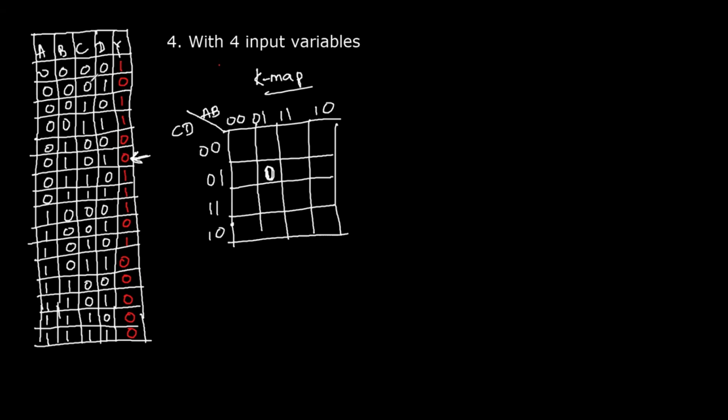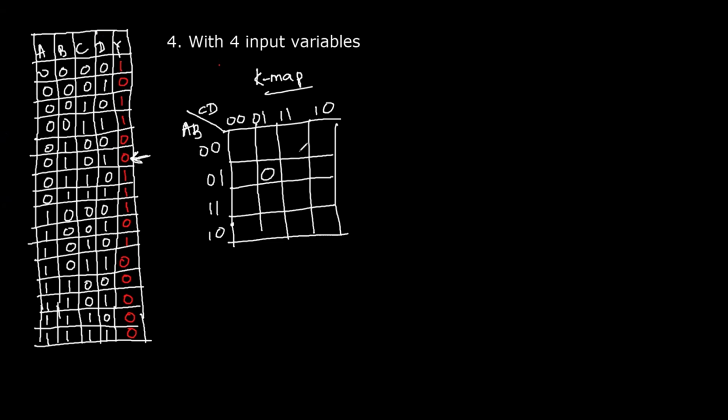But now let's change this where we have AB over here and CD over here now. So AB is 0, 1, that's this, and CD is 0, 1, that's here, and we have 0 over there.